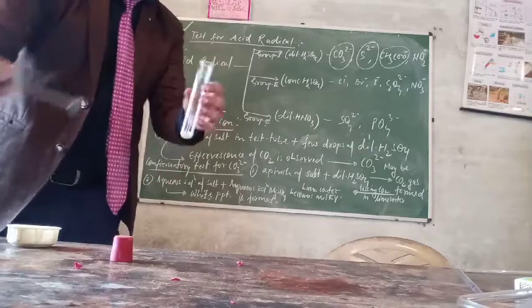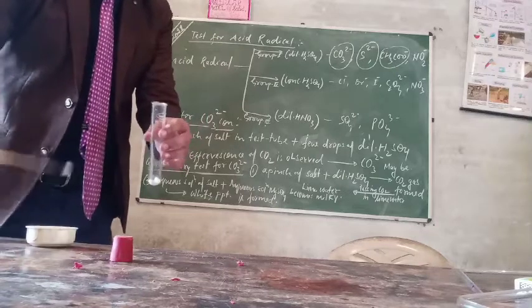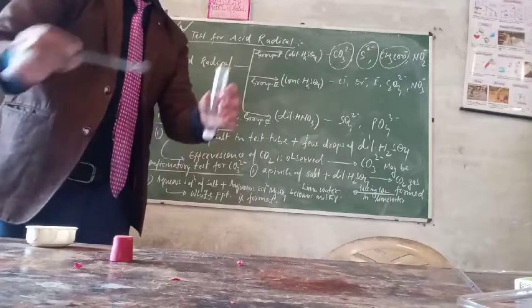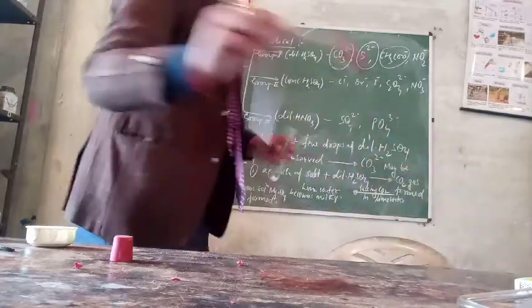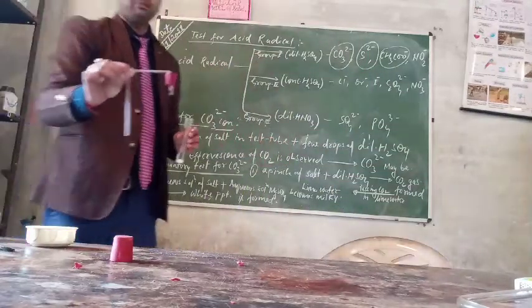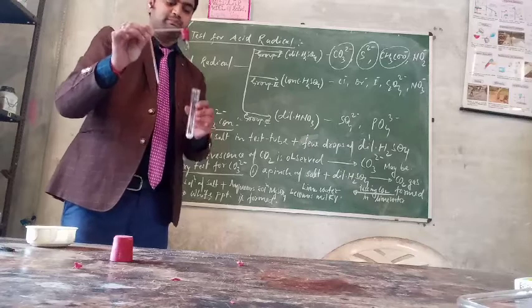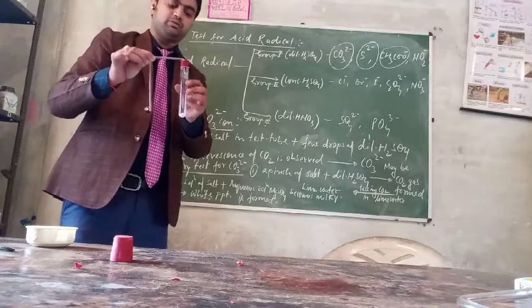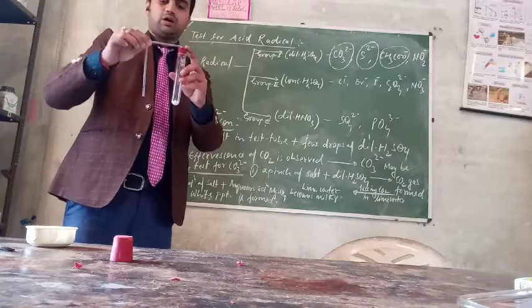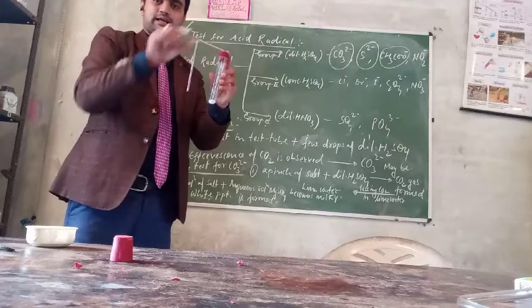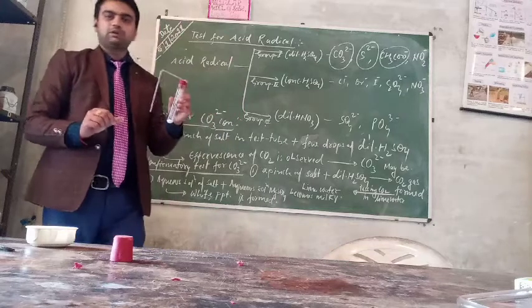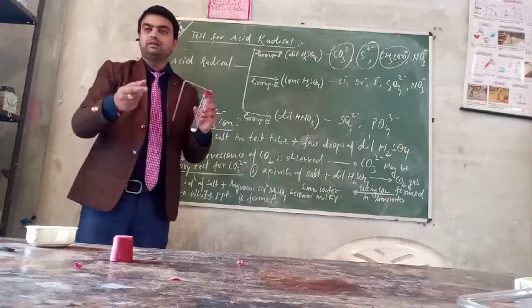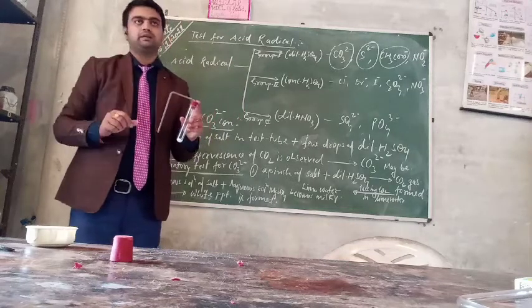This one is the confirmatory test, that means the salt contains the carbonate ion. And this is the U tube, that means U-type tube. You will put this tube containing the cork into it, and pass the gas inside the lime water. Clear? And when the lime water becomes milky, you will say that your salt has a carbonate ion.